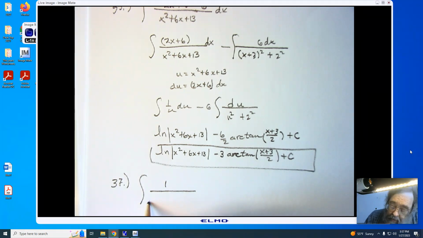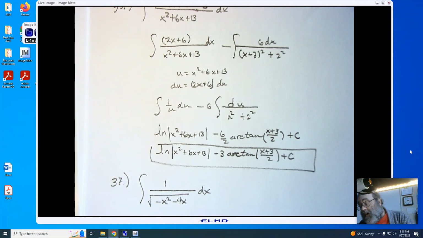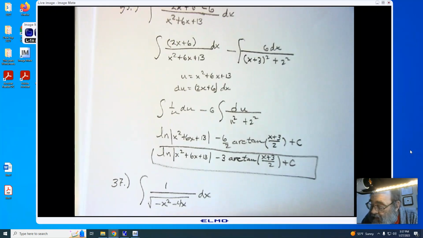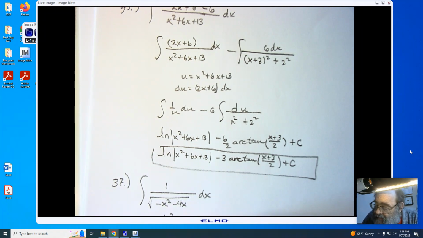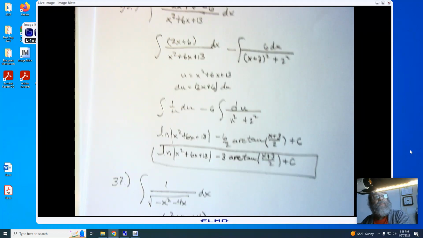Now I have the square root of negative x squared minus 4x dx. Now you'll notice I can factor out a negative out of this so that I can have negative x squared plus 4x, which means that I'm going to be adding 4 here. But notice the negative outside.